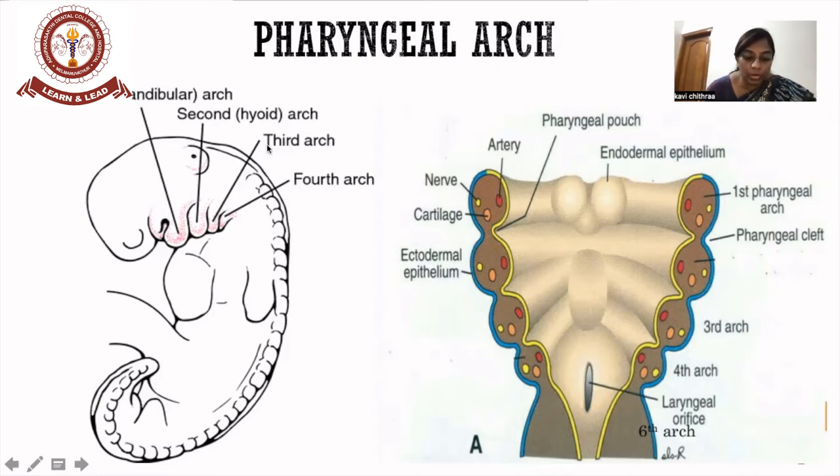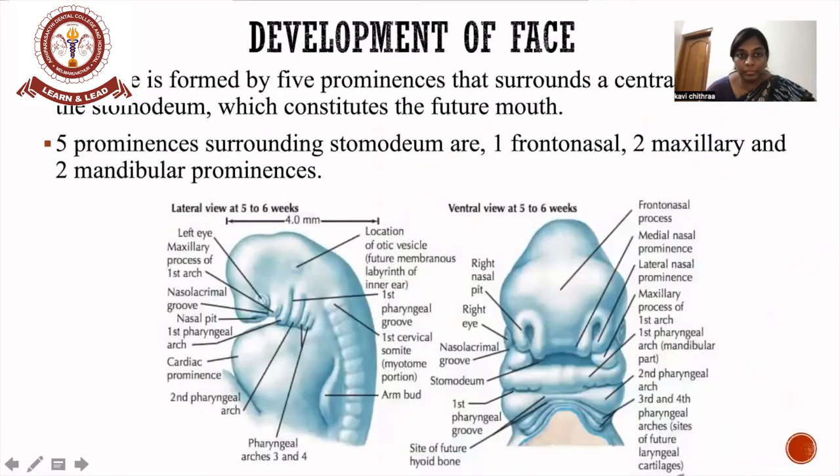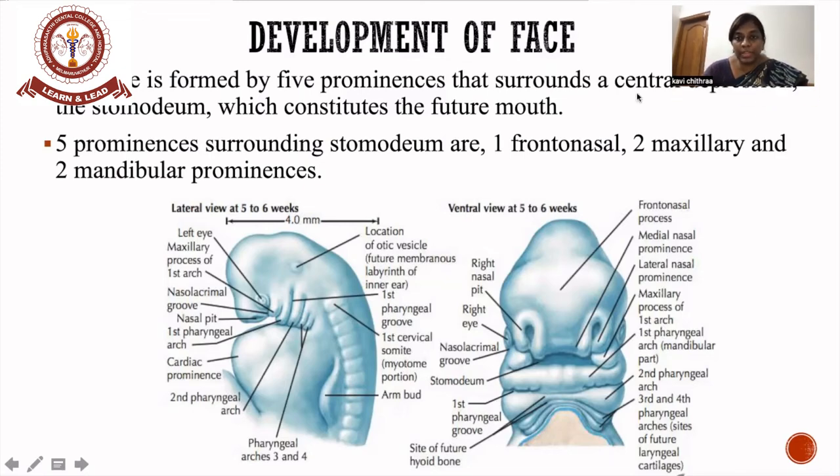There is an invagination from the pharyngeal arch, which forms the pharyngeal pouch. Then we move on to the development of the face, where the face has 5 prominences that surround the central portion, the stomatodium, which constitutes the future mouth, as I mentioned before.